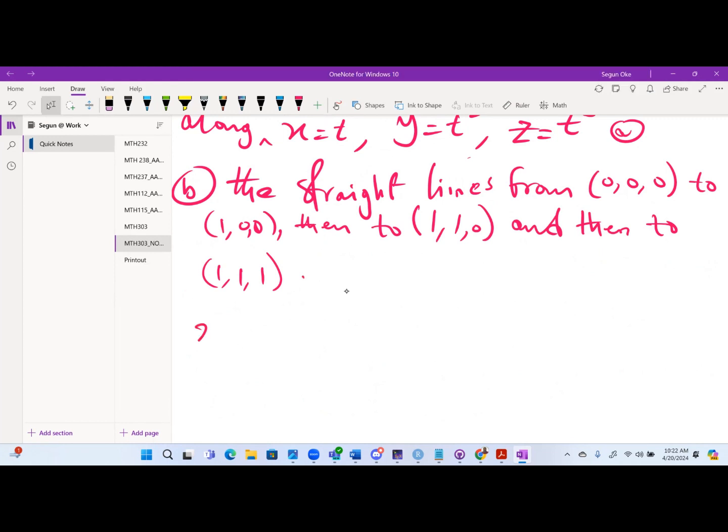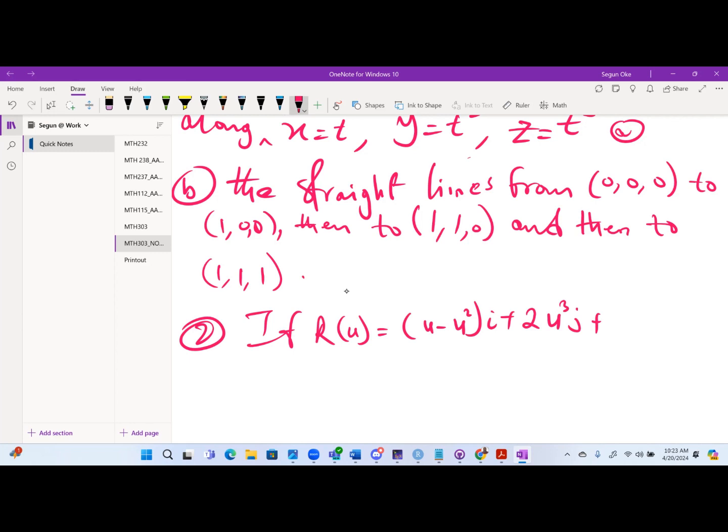So let's solve that. Number 2, let's look at this one. Let's look at question 2. And we're going to start from that question 2. Question 2 says, if R of U equals U minus U squared i plus 2U cubed j minus 3k.